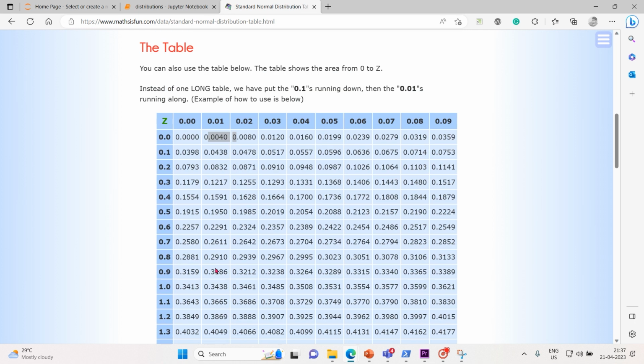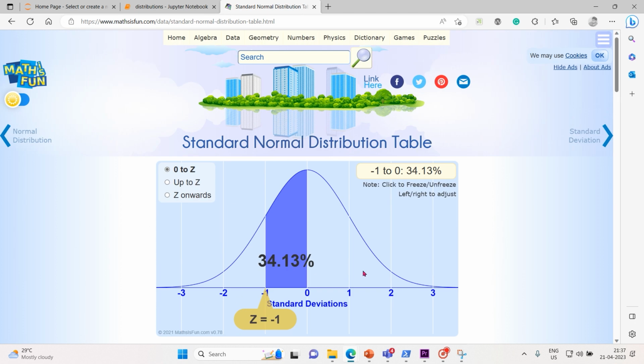You'll have multiple Z score values here, because obviously these are all continuous variables.